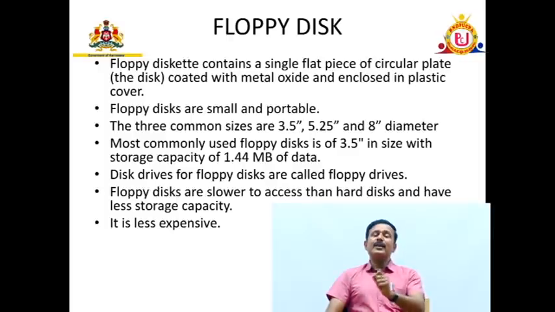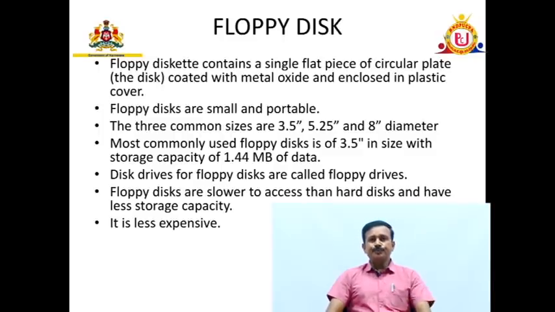If we move the notch, automatically we can read as well as write. We can convert that also into read only. This is what a floppy disk is. And we can read and write the contents from this disk with the help of floppy disk drives.